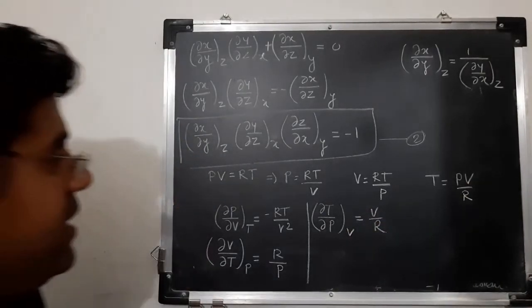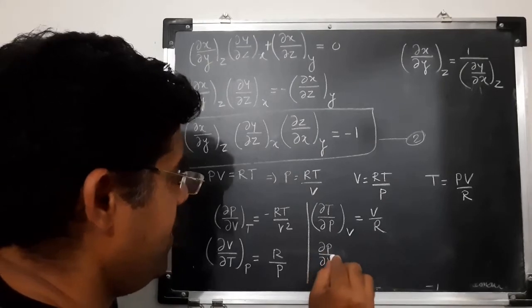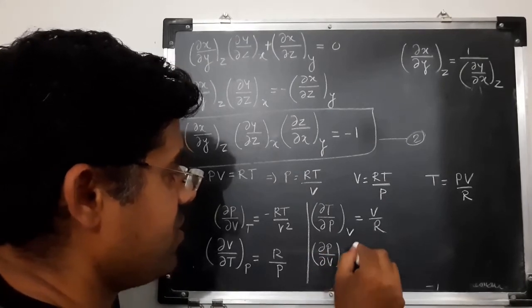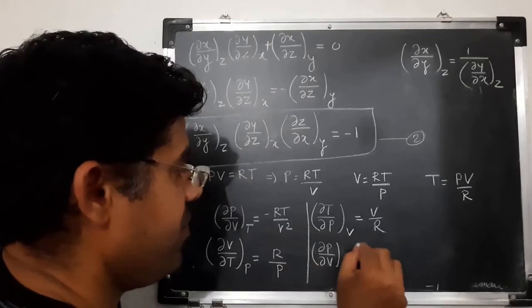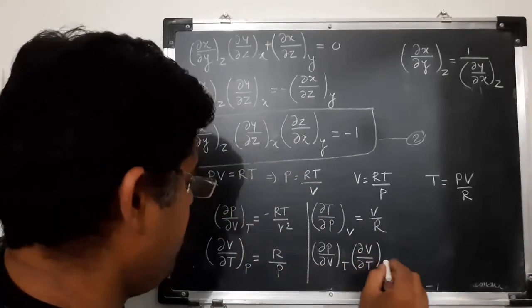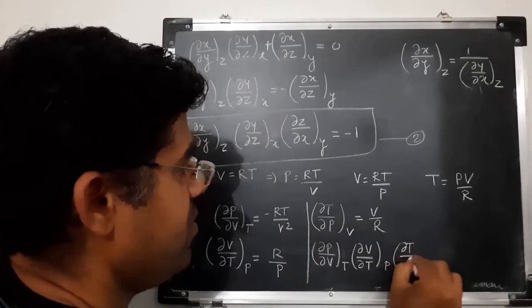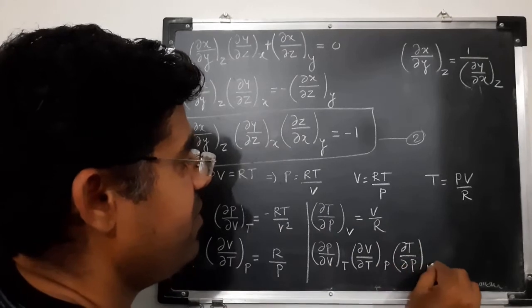Now on the LHS we have del P by del V, T constant, into del V by del T, according to this rule. That I want to verify, and del T by del P, just put their values.